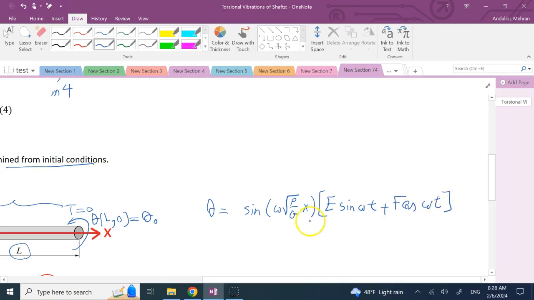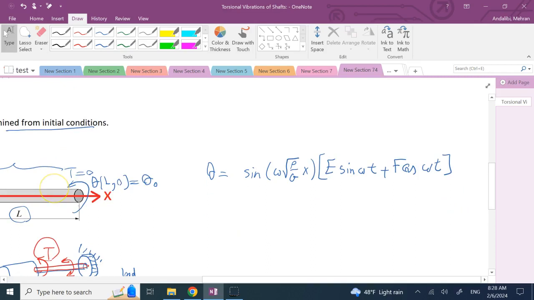And now I can plug in, let's say, at t of 0, theta at, not at any x, at L, because we are interested in the other end. This is equal to theta naught. So what does that give you?